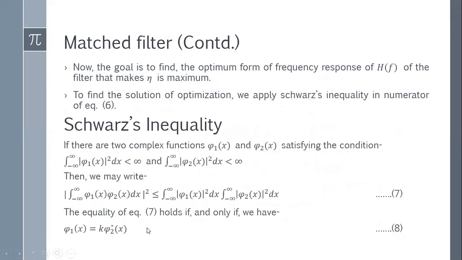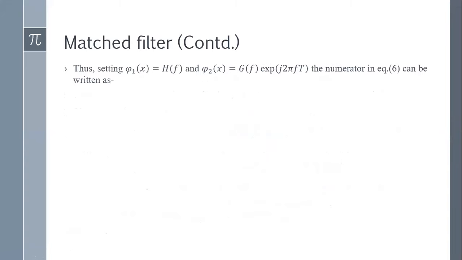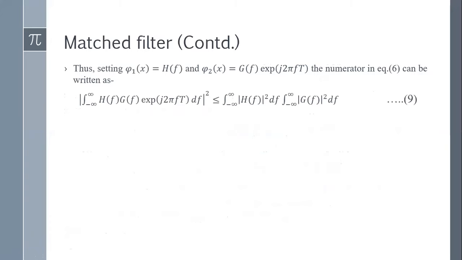So this is our Schwarz inequality. See, the integral of phi 1(x) phi 2(x) dx, whole square. I will consider phi 1(x) as H(f) and phi 2(x) as G(f) exponential j2 pi f t. So setting phi 1(x) as H(f) and phi 2(x) as G(f) exponential j2 pi f t in the numerator of this signal to noise ratio, I can write this.